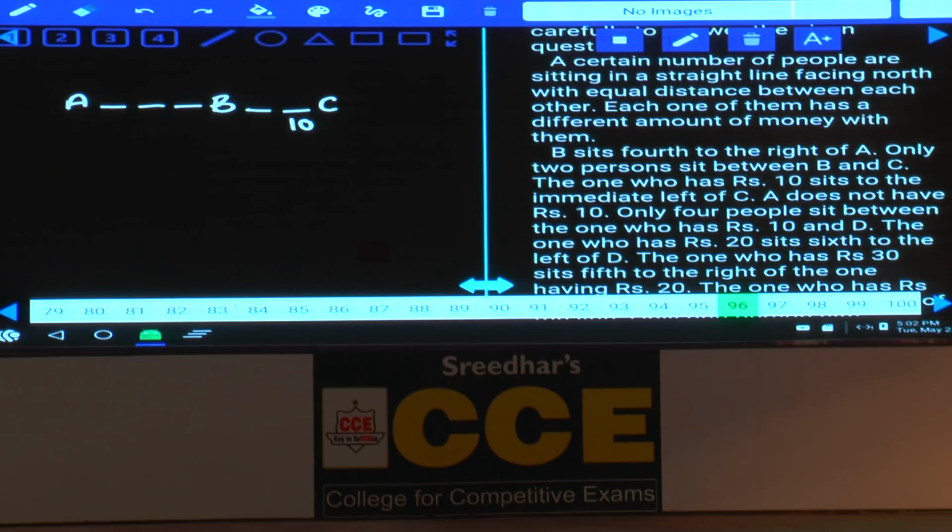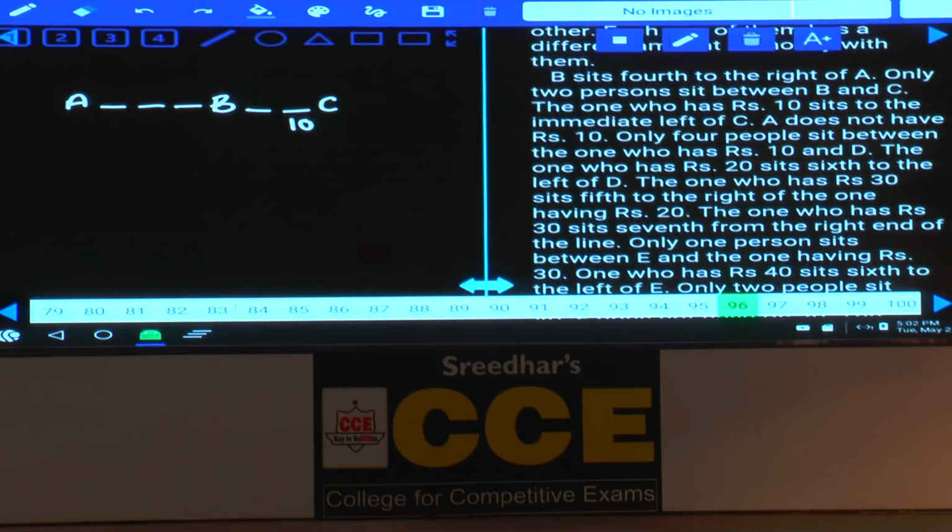Done? And next one, only 4 people sit between 10 rupees and D. Now between 10 rupees and D, how many people are there? There are 4 people. As there are 4 people between 10 rupees and D, and C is 1, 2, 3, 4, and this is D. Then what is the next case here? This D can be either to the left hand side of this 10 rupees.